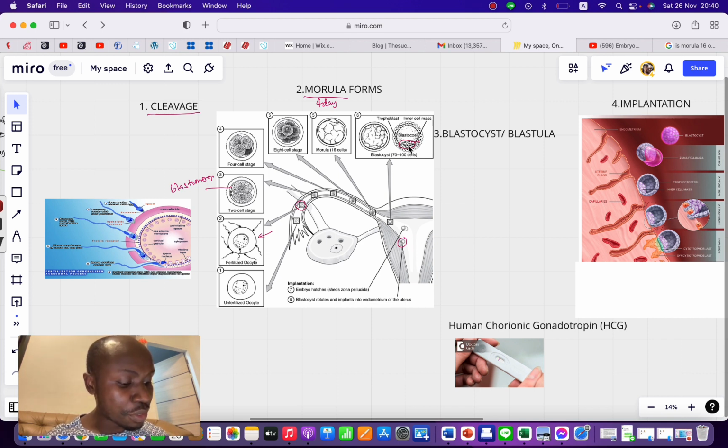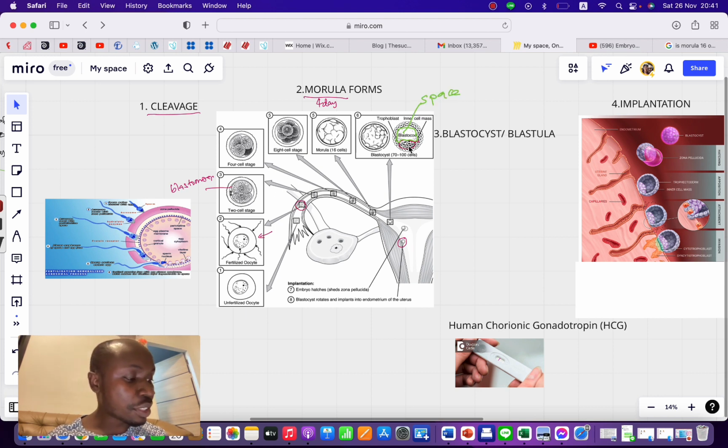Right here, let me use a different color. Draw the space, a green one. So they have created a space. Now, we call the cells which group at one side the inner cell mass, and the space which was created the blastocoel. Blastocoel is a space which was created.